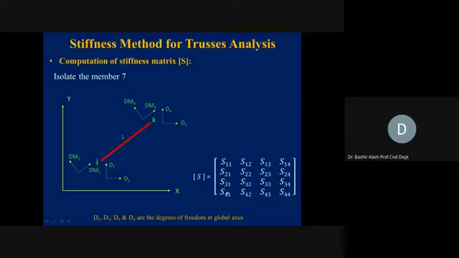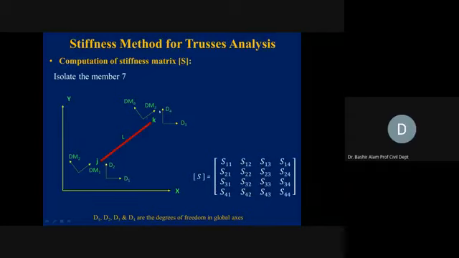When the first column is computed, next we keep DM2 equal to 1, and the rest of these DMs we restrain, we lock them. Every action will then be produced because of DM2, delta equal to 1. So here it will become S12, S22, S32, and S42, and all these 4 elements are recorded as the second column.